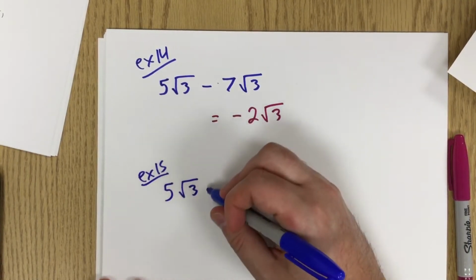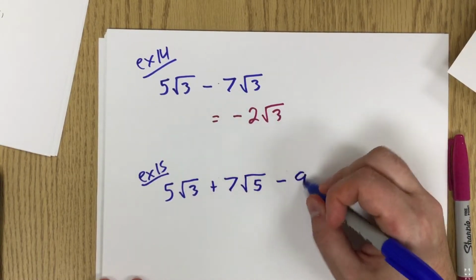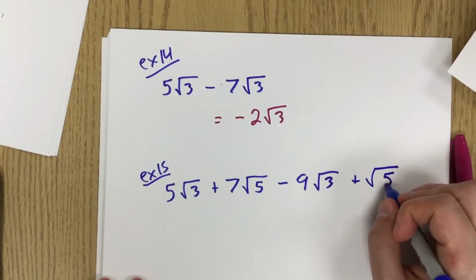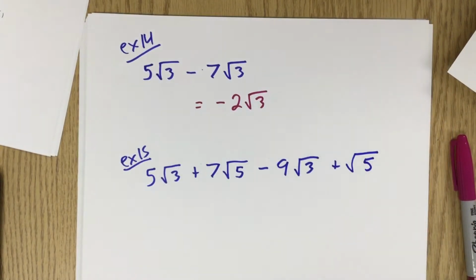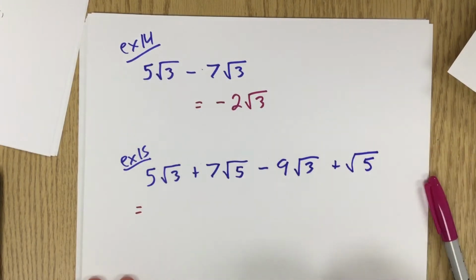5 root 3 plus 7 root 5 minus 9 root 3 plus root 5. Okay, now we got some stuff going on. So what we're going to do is put the like terms together.